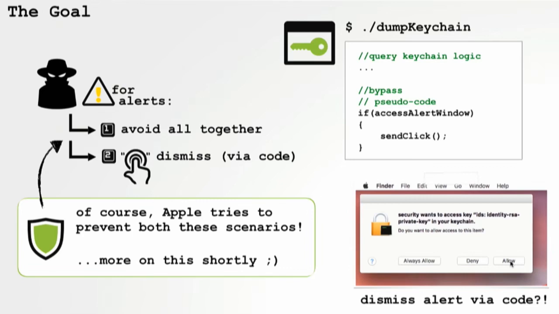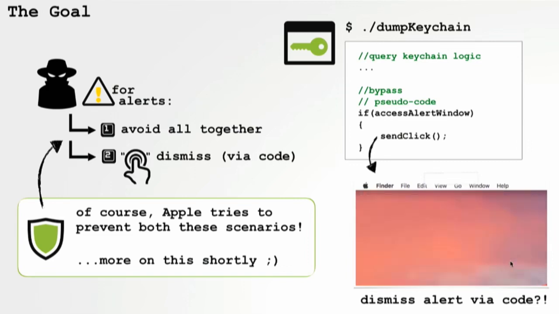Here, for example, we see an alert that is displayed when the malware tries to dump the keychain. So what a remote attacker can do is send a synthetic mouse event to click, for example, the allow key here to dump an RSA private key. Now, of course, Apple tries to prevent these synthetic interactions, but it's really a cat and mouse game. And we'll talk more about Apple's defenses, but it should really come as no surprise that Apple keeps losing.